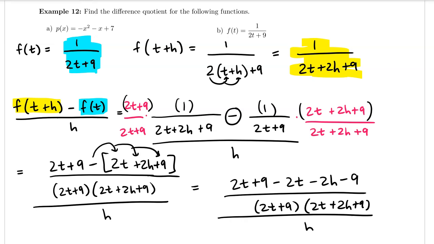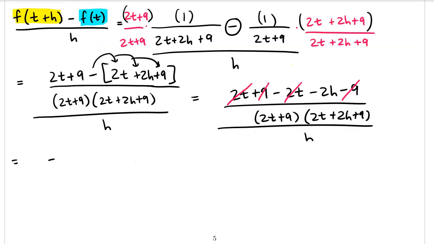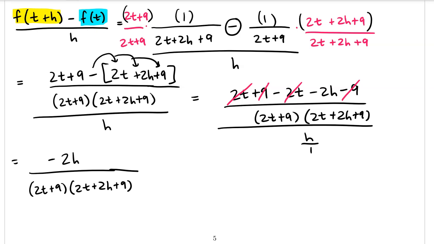What's going to happen now? Well, this 2t minus 2t and 9 minus 9 become 0. Now we'll be left with negative 2h over 2t plus 9 times 2t plus 2h plus 9. And then in the denominator, I have an h over 1. The way that we deal with complex fractions is we keep, change, flip.